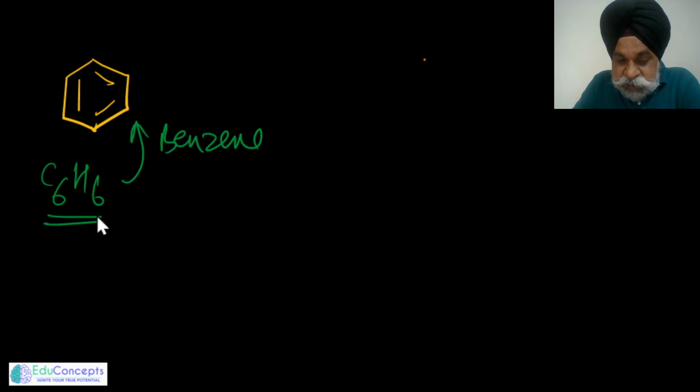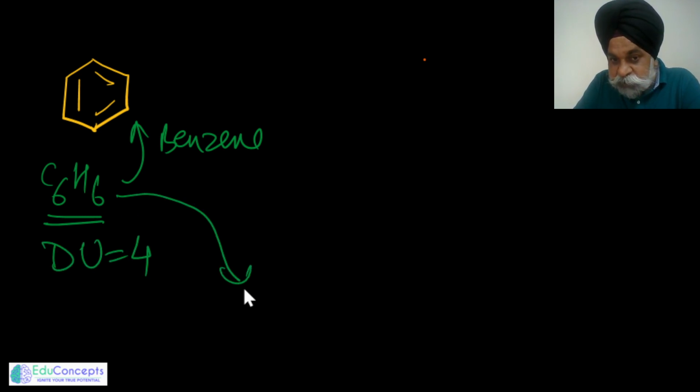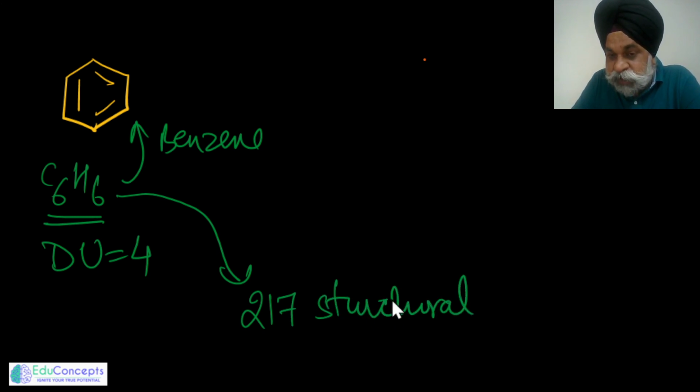No, C6H6 would have degree of unsaturation 4, and from this 4 degrees of unsaturation, you can generate more than 217 structural isomers, the way we have drawn for the other compounds in today's lecture.